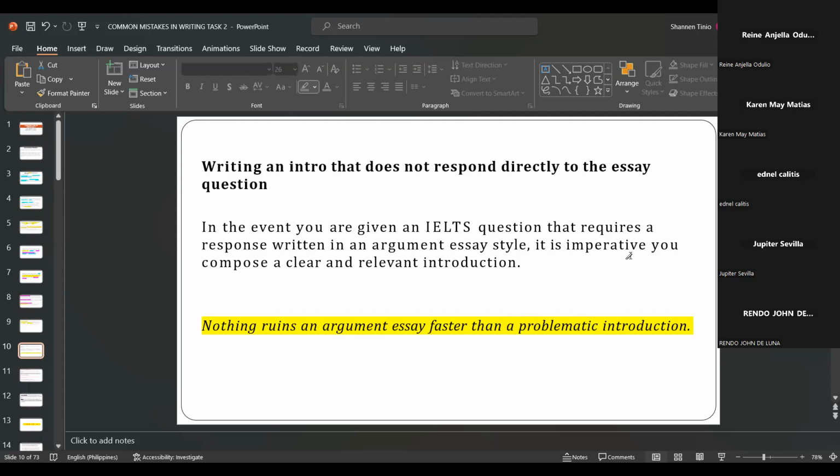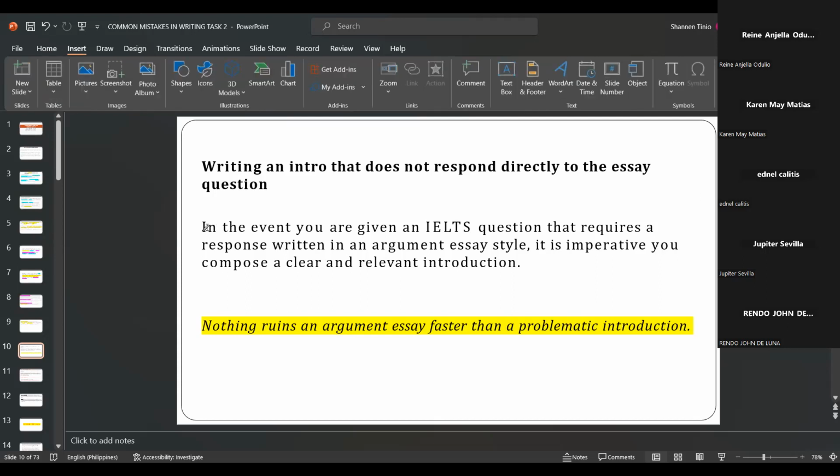Di ba? Pero wag mo namang imbento lang yung mga sasabihin mo, 'di ba? Make sure din naman na yung hook mo or yung fact na sasabihin mo will definitely be relevant to the question, okay?